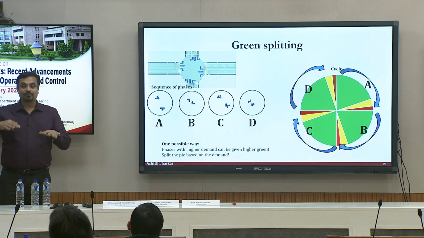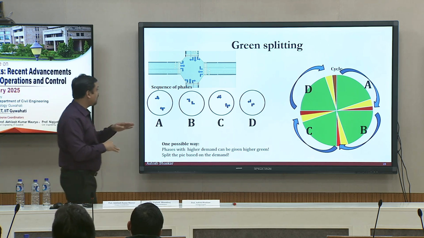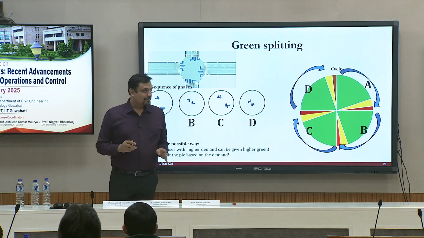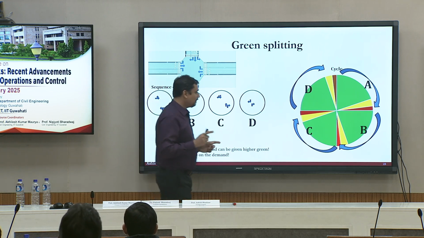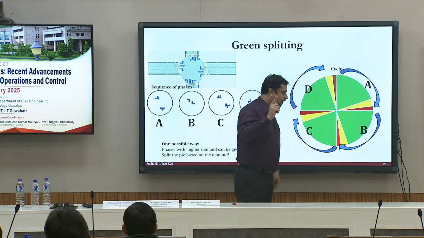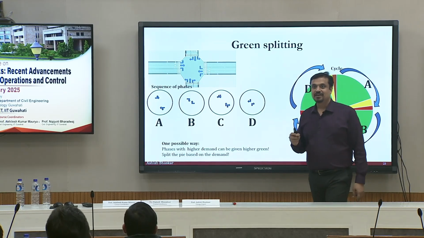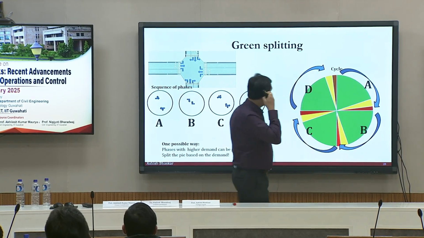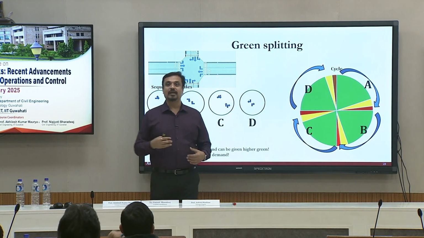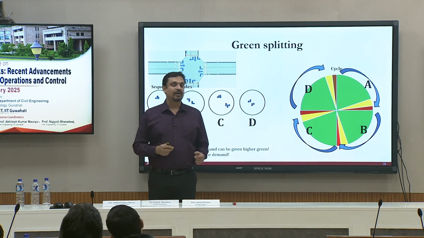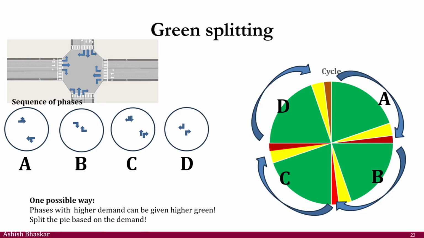By overlapping the phases, one way you can get rid of the all red, not get rid, but basically minimize the all red requirement, is when you are looking at a combination where you move from one phase to another phase, and the transition happens in such a way that you do not need to have this all red in there.